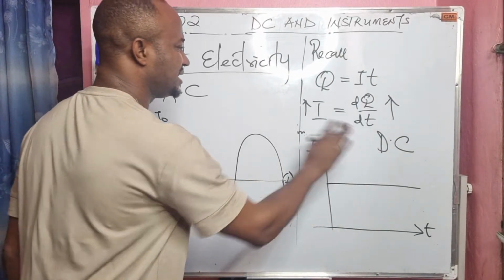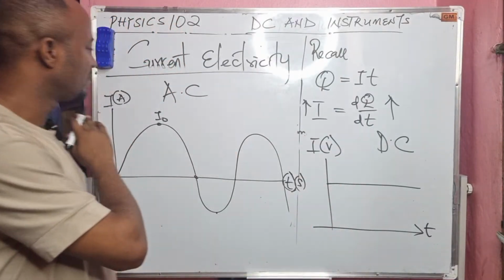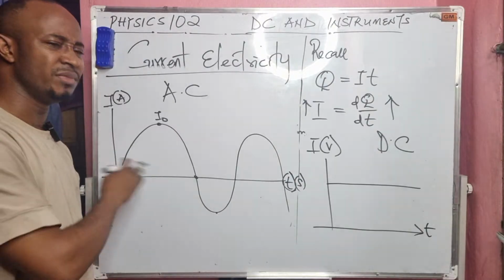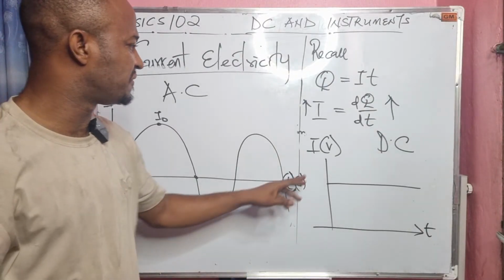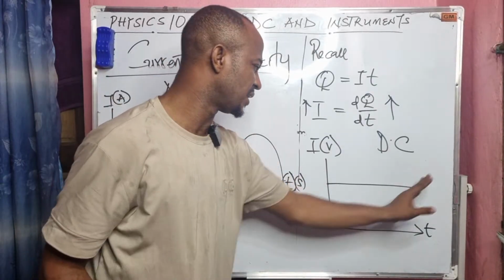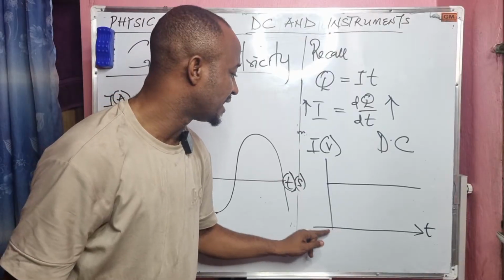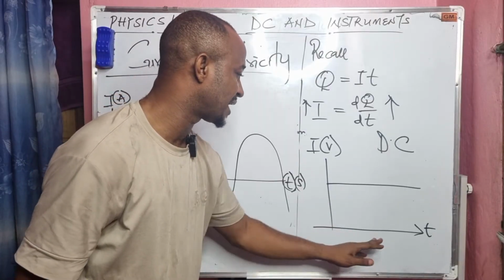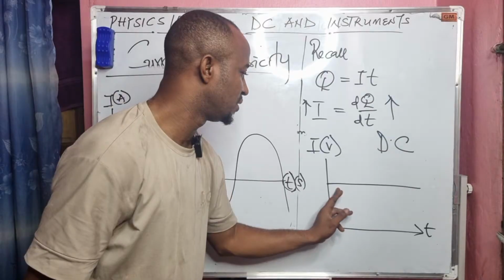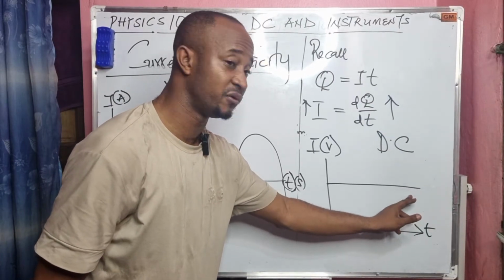But in a DC graph, there's no zero point, there's no maximum point, there's no minimum point. All the values of current are just the same. Meaning that irrespective of the fact that we have time here, as the time increases, it does not affect the change in current or in voltage.